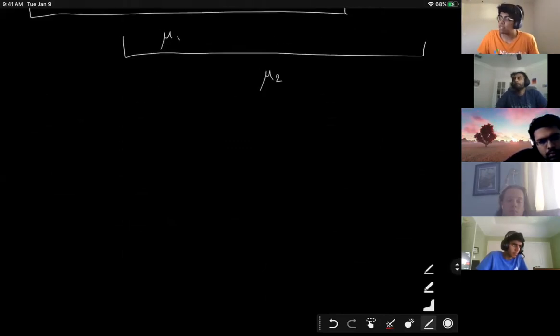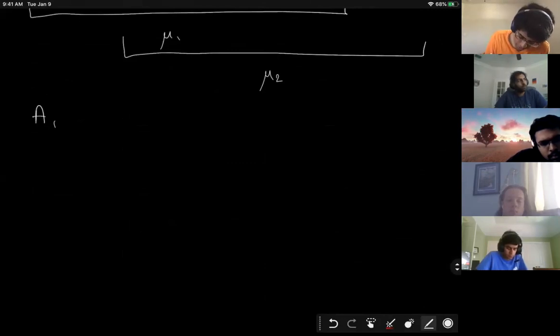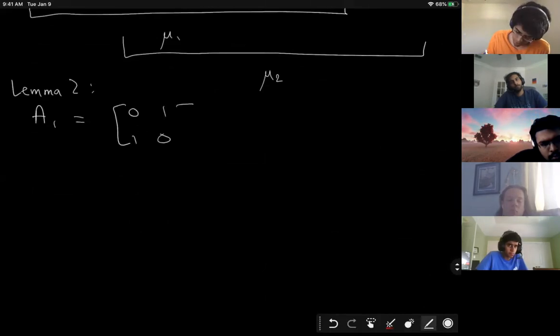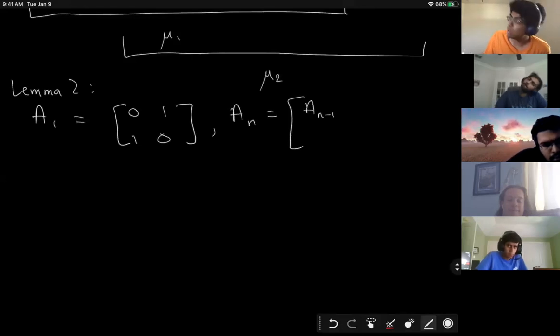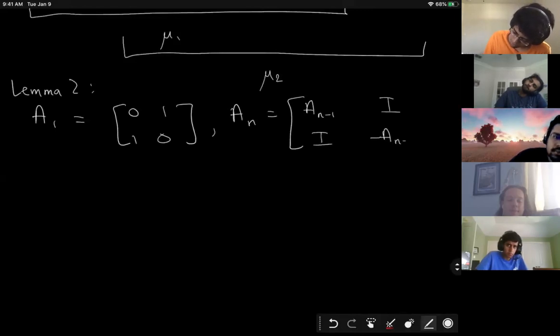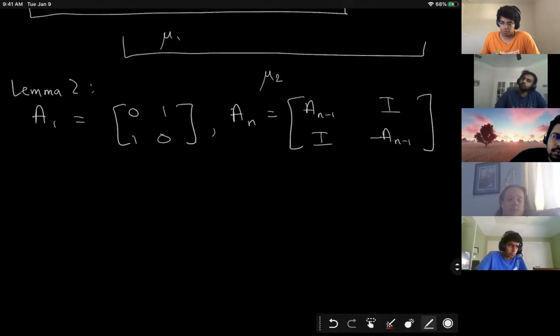The second lemma that they use is a little more concrete, and they actually prove it here. So they define these matrices recursively. A1 is 0, 1, 1, 0. An is the block matrix with An minus 1, I on the top row and I, negative An minus 1 on the bottom.